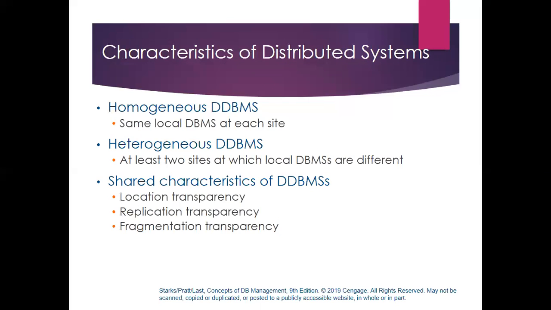A heterogeneous distributed database management system is one that has at least two sites at which the local database management systems are different. Heterogeneous distributed database management systems are more complex than homogeneous DDBMS.